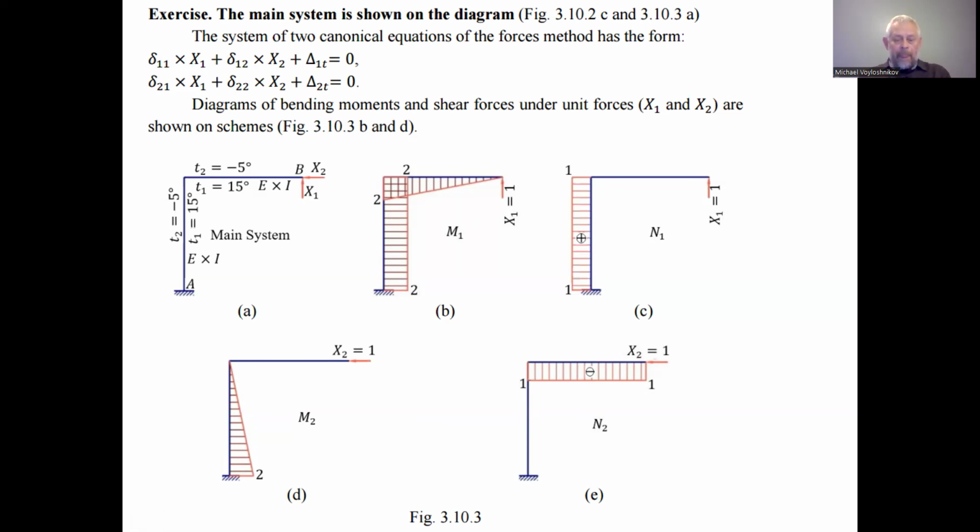So we have the product of the area of this rectangular diagram, 2 is the length of this part of the mechanical system, by 2 is the magnitude of the bending moment under the action of the unit force in this definite one element of the mechanical system.